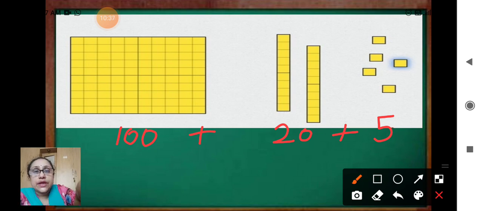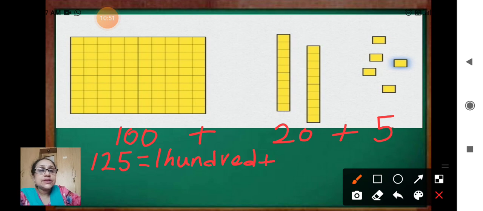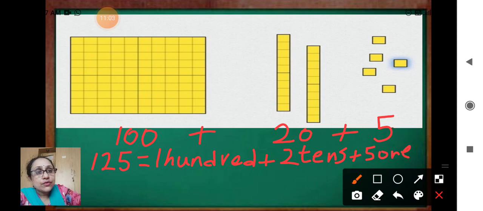Okay, so we can write like this, 125 equal to 100, okay, plus 2 tens. 2 tens 20, so write 2 tens plus 5 ones. Understood? We can do like this.